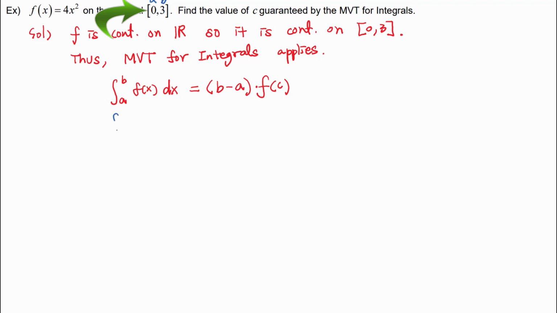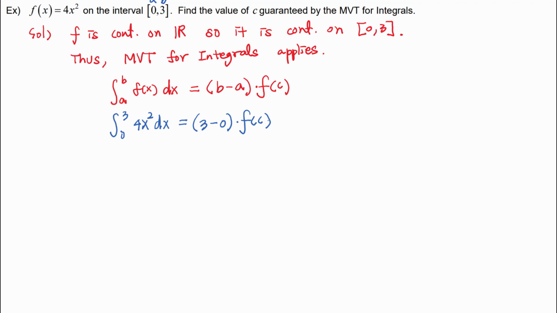So let's apply. That's the integral from 0 to 3. My function is 4x squared dx, which is equal to 3 minus 0 times f of c. My goal is to find such a c, and I don't know what the c is yet. I see that everything is going to become a number, and f of c will have an expression with the c in it.